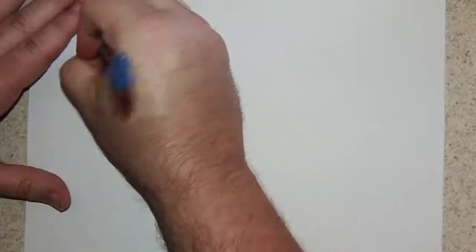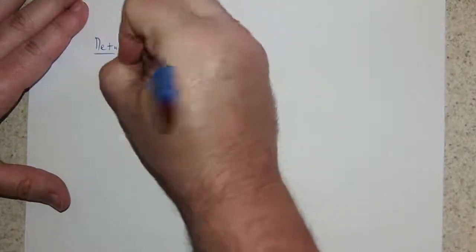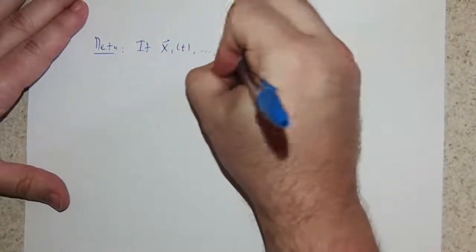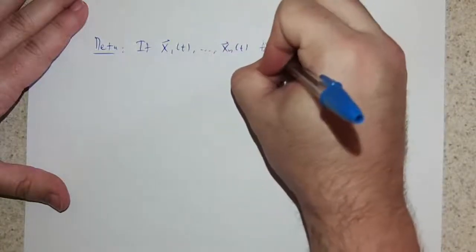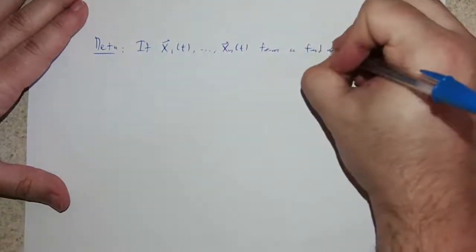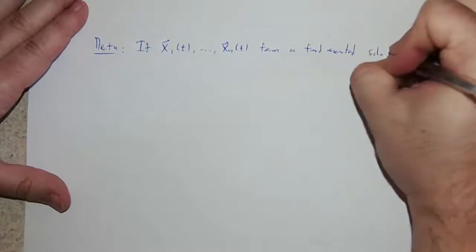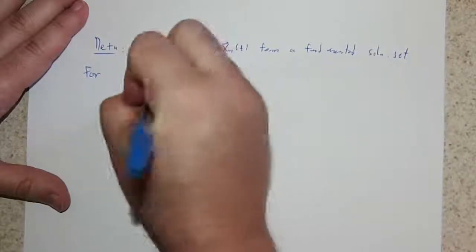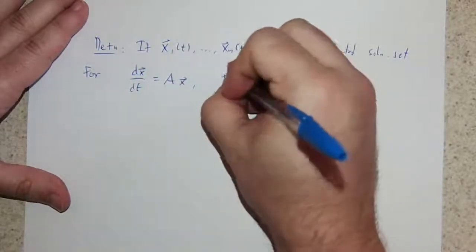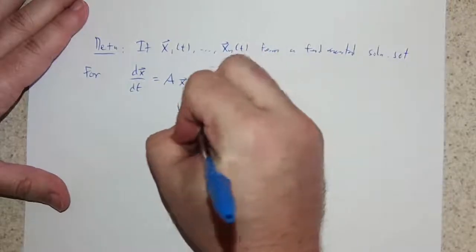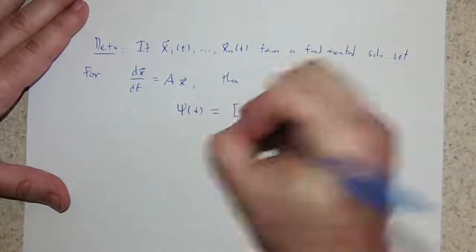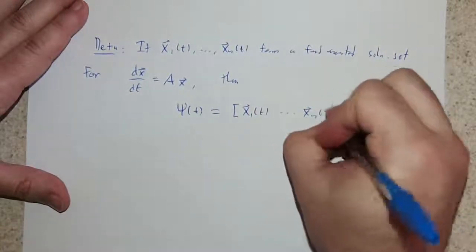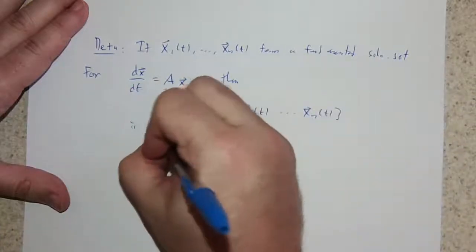But the definition is, if x1 of t to xn of t form a fundamental solution set for this equation that I keep rewriting, dx/dt equals Ax, then C of t, which is the matrix that has x1 to xn as its columns, is called the fundamental matrix.